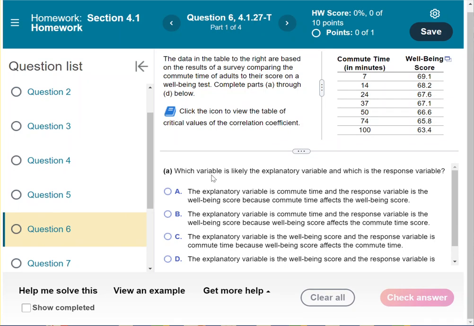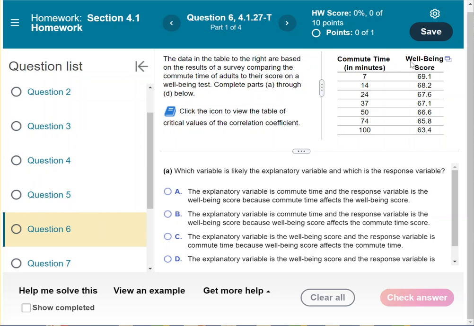First of all, it says which variable is likely the explanatory variable and which is the response variable. So we've got commute times and we've got well-being score on a test. Well, I'm going to say that the commute time is affecting the well-being because I know that commute times can stress you out.